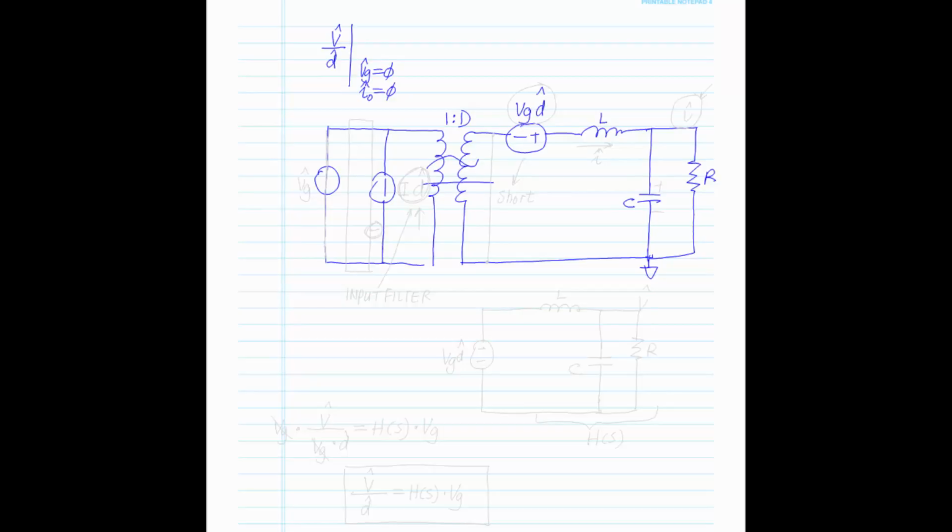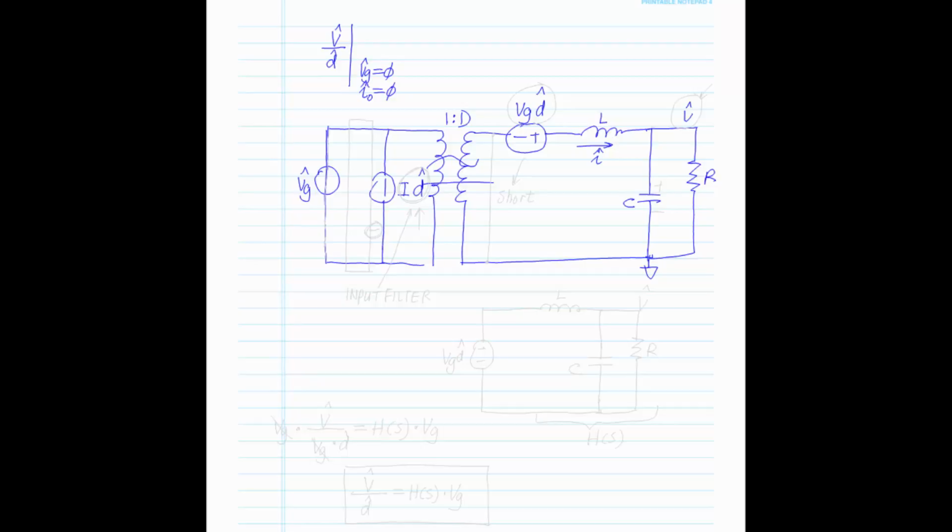We have our low pass filter, and this is R and L and C. So as you can see, if we short this input filter, this current source goes to a short and doesn't put any voltage here.